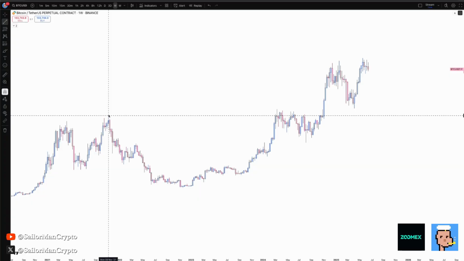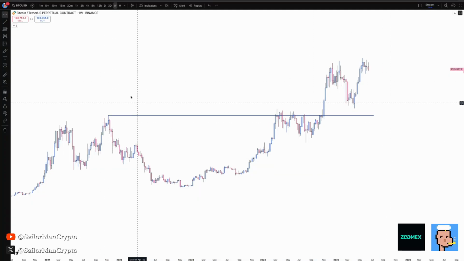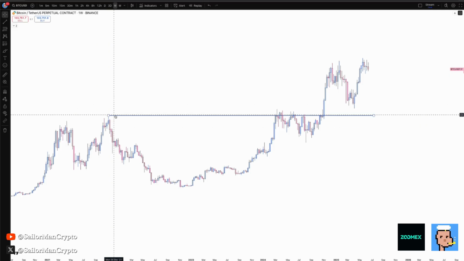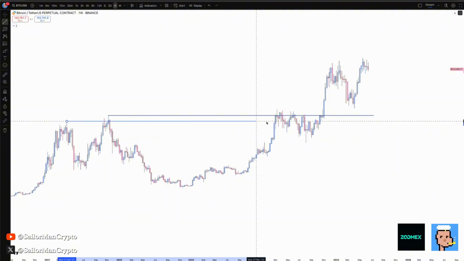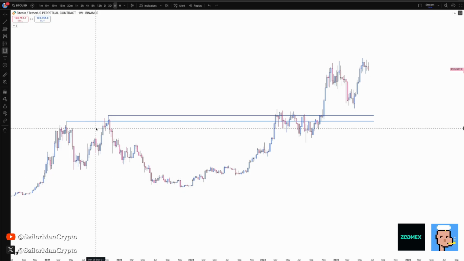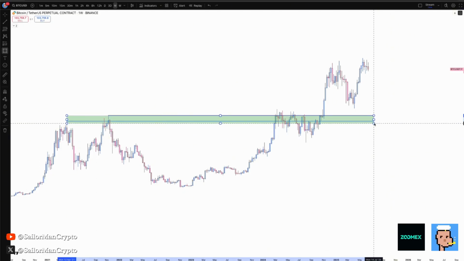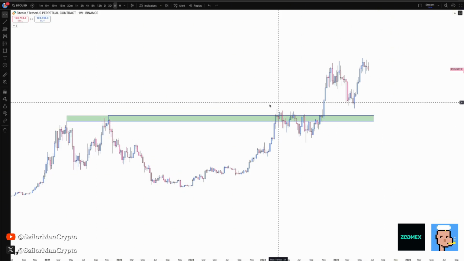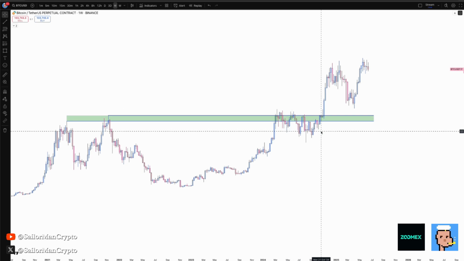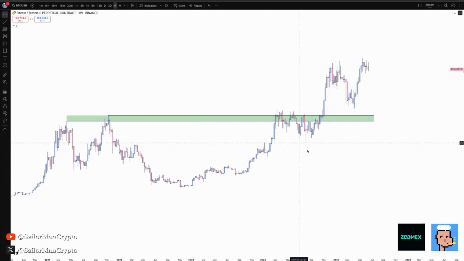To make it super clear and simple, we can say that the past level of resistance was this one, more or less along with this one. Then we create, let's say, a little bit of a buffer here. This was a past resistance level that somehow continued to be resistance from March until October last year, and this resistance level is now flipped into a potential support.